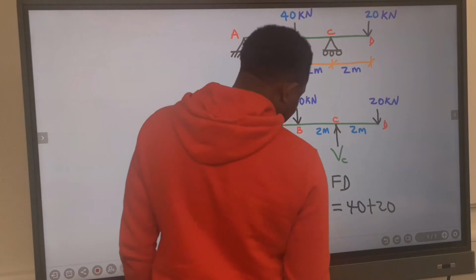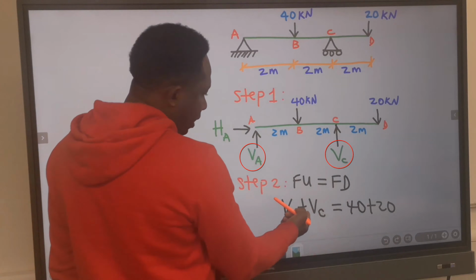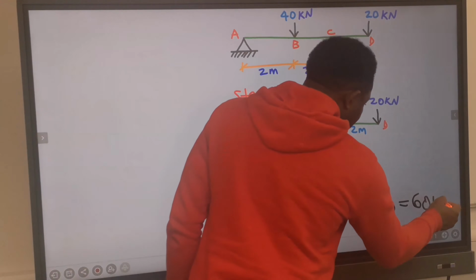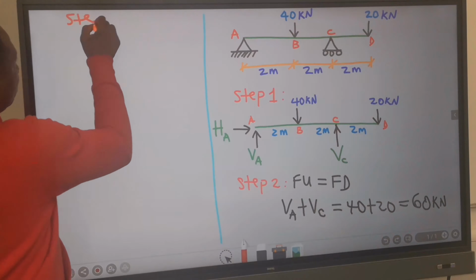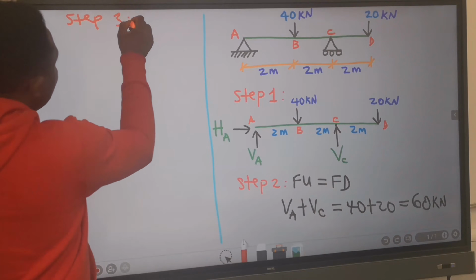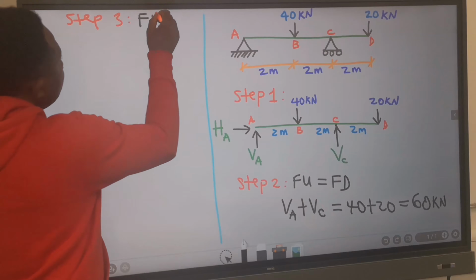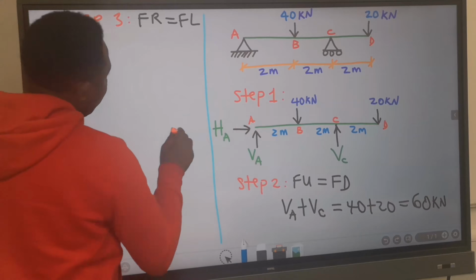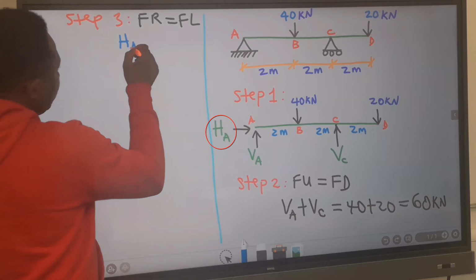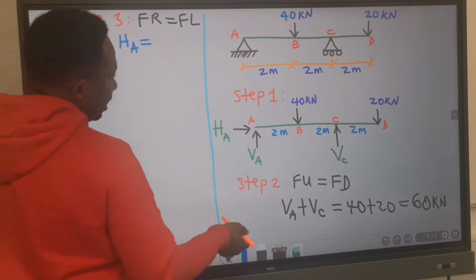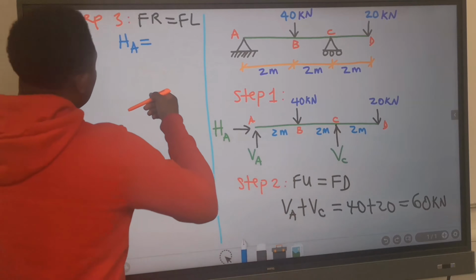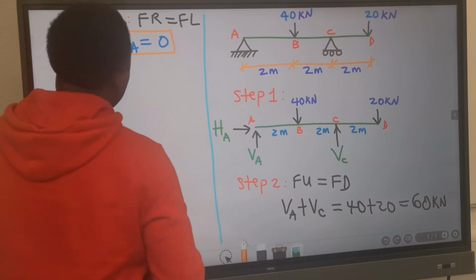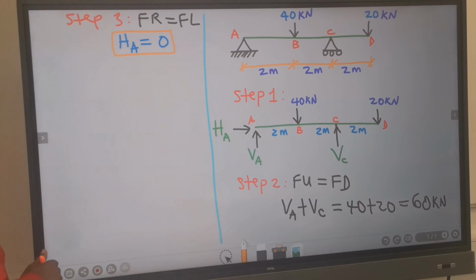You can see that V subscript A plus V subscript C will give us 60 kilonewton. Next, step number 3. Forces to the right is equal to forces to the left. The force going to the right is H subscript A, and no force is coming to the left, it is 0. We have found the value for our first reaction.